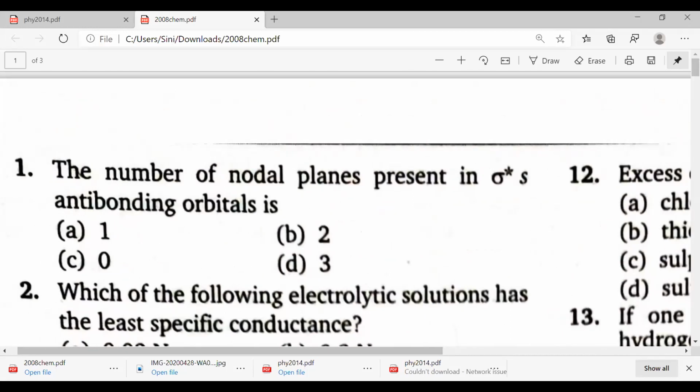The number of nodal planes present in sigma star s antibonding orbital is how much? Can anyone tell me the answer? Number of nodal planes in sigma star s. Dummy question.